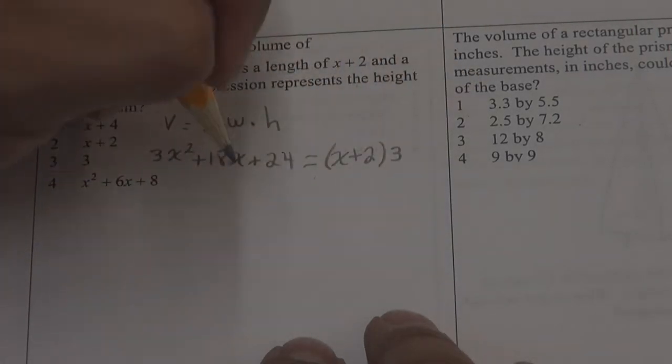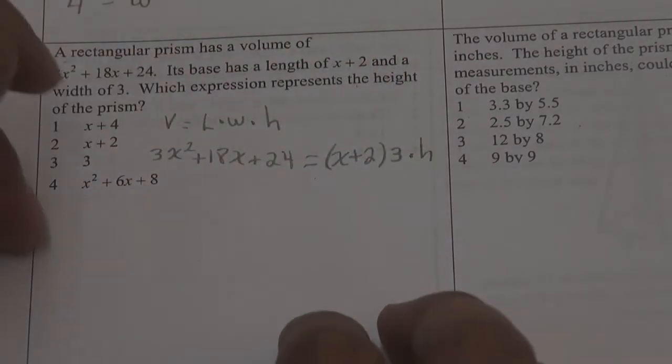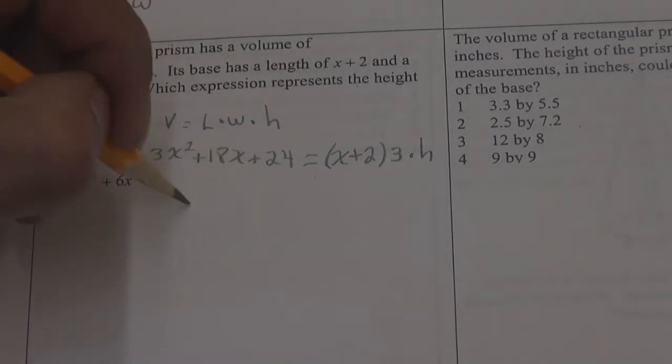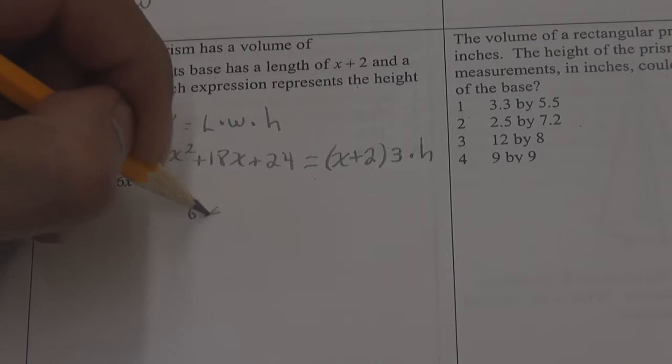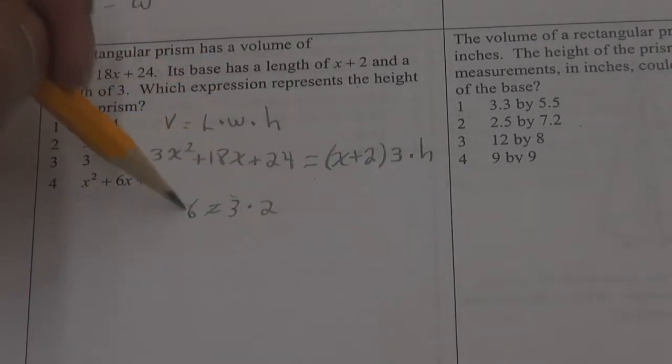Okay, so we know that volume is length times width times height. That's what I know. Remember, I'm going to give you an analogy right now. 6 is equal to 3 times 2. 3 times 2 is 6.